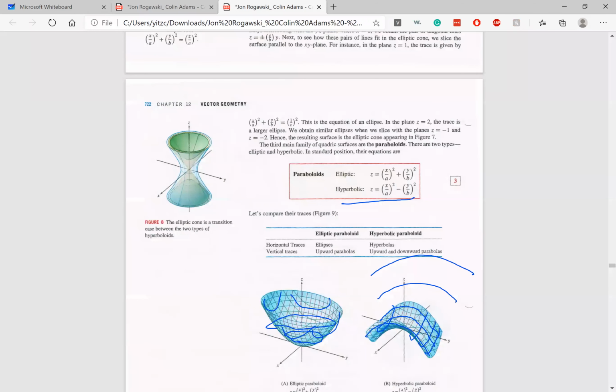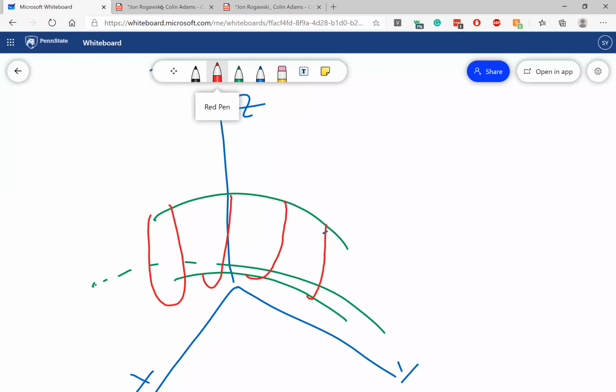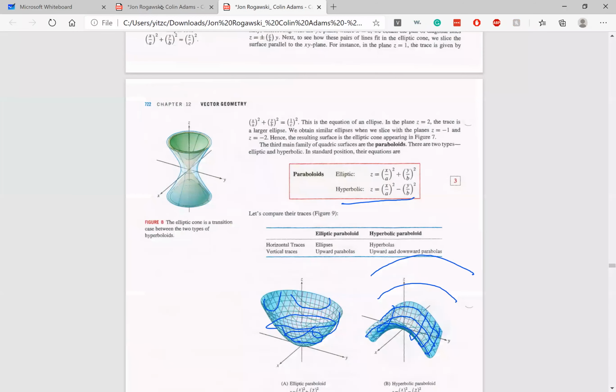And then the last part is when my z is held constant. So when my z is held constant, and this is z0 is equal to x squared over a squared minus y squared over b squared, these are hyperbolas. Because now you have that z0 is constant, so each one of these is a hyperbola. And those hyperbolas appear here.